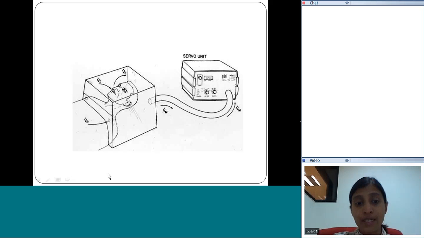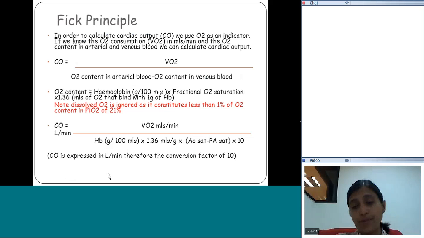So there are tables available, and I'll show you the tables in a couple of slides, which give you the oxygen consumption for a particular age, for a particular sex, and at a certain heart rate. These are the main variables that affect oxygen consumption: the age, the sex, and the heart rate. So we have some broad tables that will help us, and this has to be indexed to body surface area.